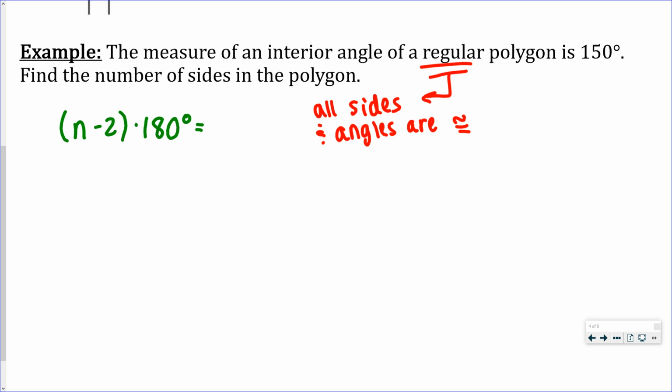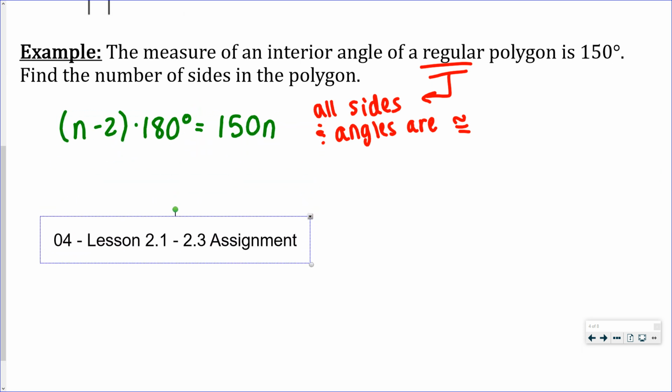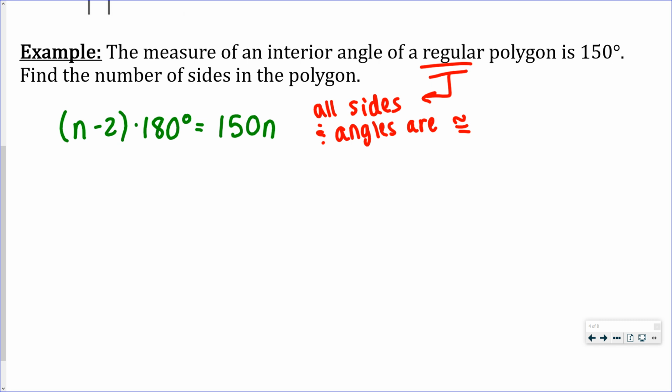So for my sum, I can just take each angle, which is 150 degrees, and times it by my number of angles, which is the same as the number of sides. We don't know how many angles we have, but we know it's the same as my number of sides. So this is kind of my formula backwards. The sum is going to be 150 times however many angles I have.